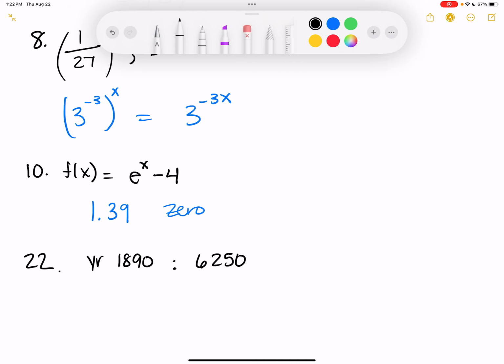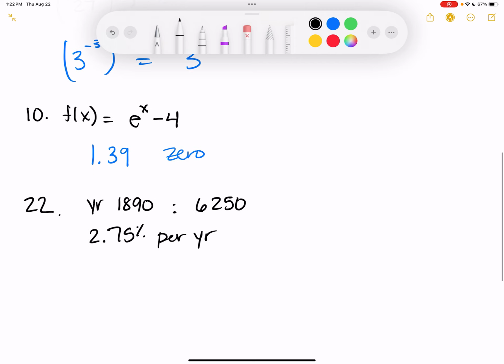Assume the population increased at a rate of 2.75% per year. Now, part A. Estimate the population in 1915 and 1940.